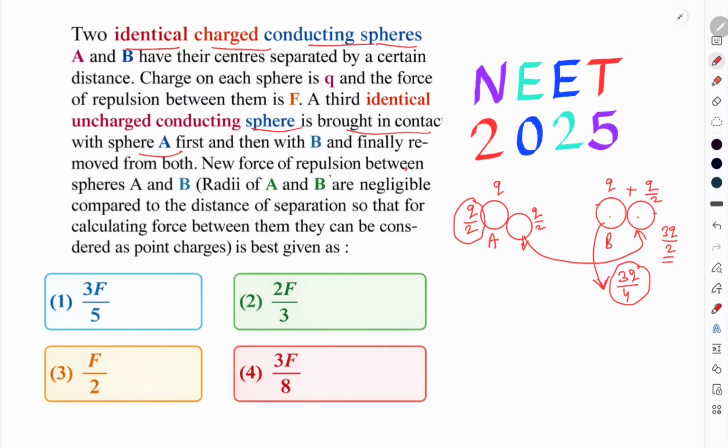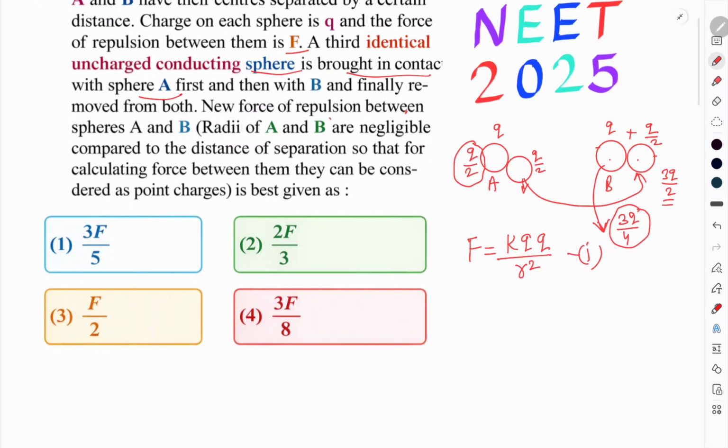Initially the force was F, that was K q upon r square. Now the new force, F dash, will be K times charge on A, that is q by 2, times charge on B, that is 3q by 4, over the same distance r square.